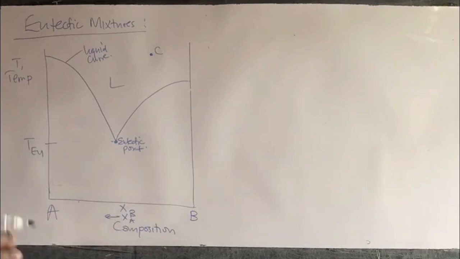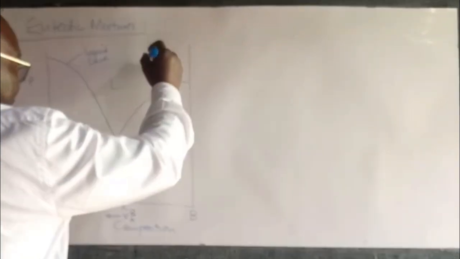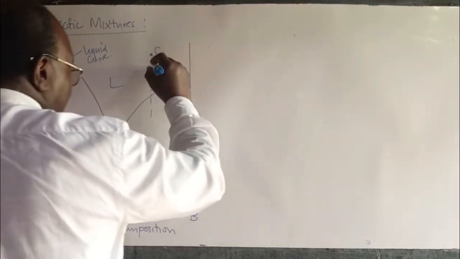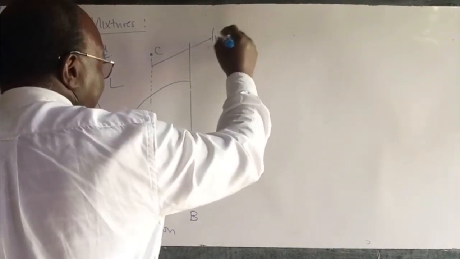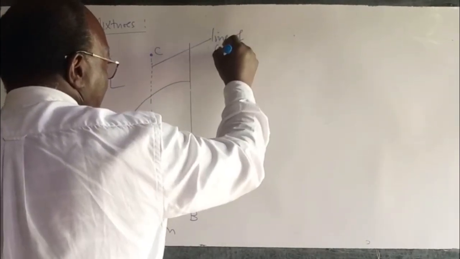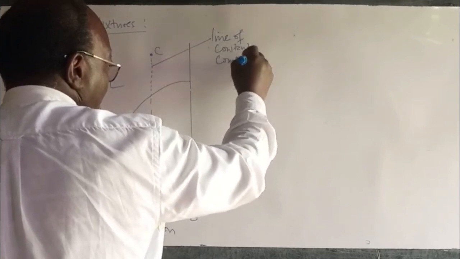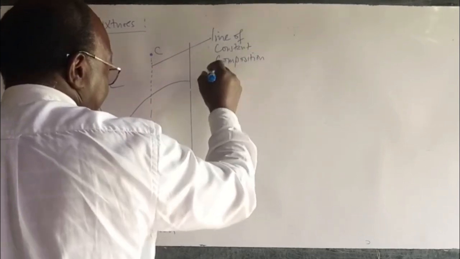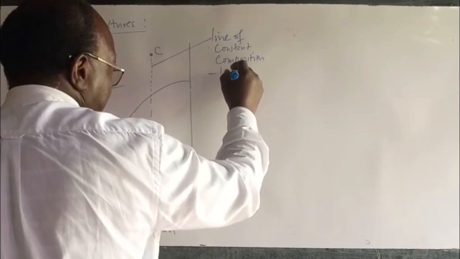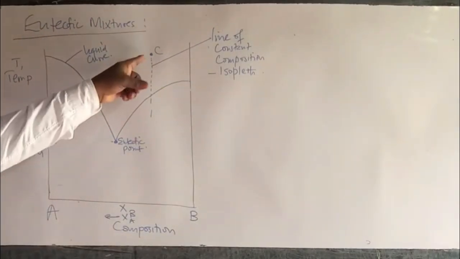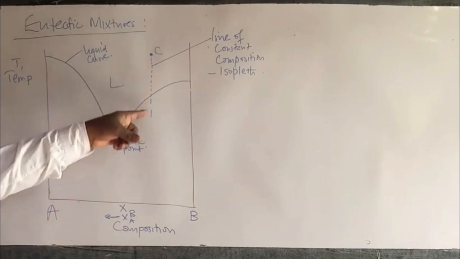Now, when you lower its temperature along this line of constant composition, which is referred to as an isopleth, you lower the temperature along this line here.